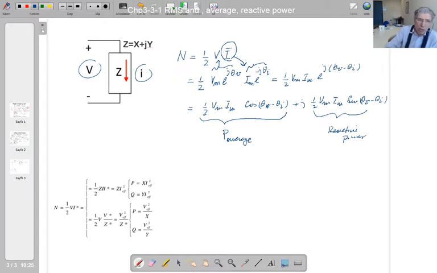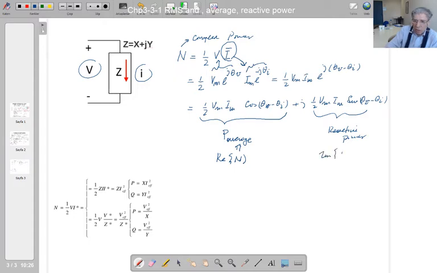Once you found the voltage and current phasor of an element, you calculate the complex power as defined here, and get the real part of it. The real part of the complex power is equal to the average power.